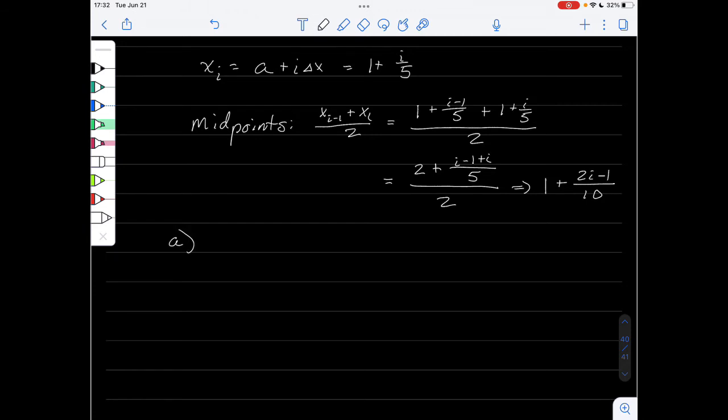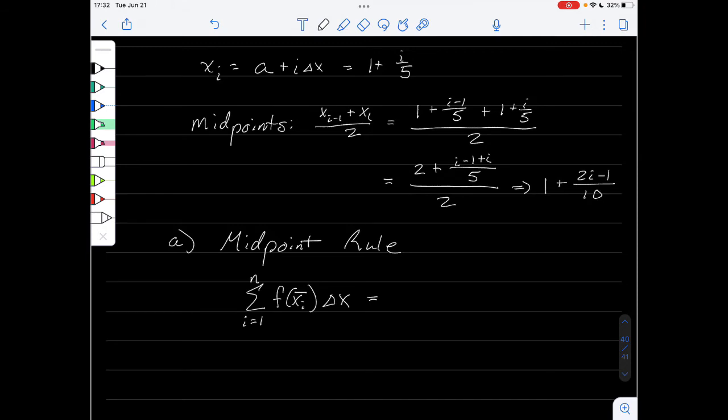Okay. So now using the midpoint rule, we have our sum as I goes from 1 to n of f of x sub I bar delta x.